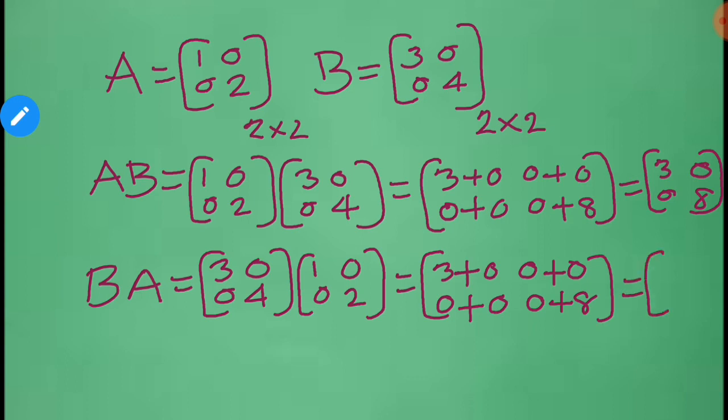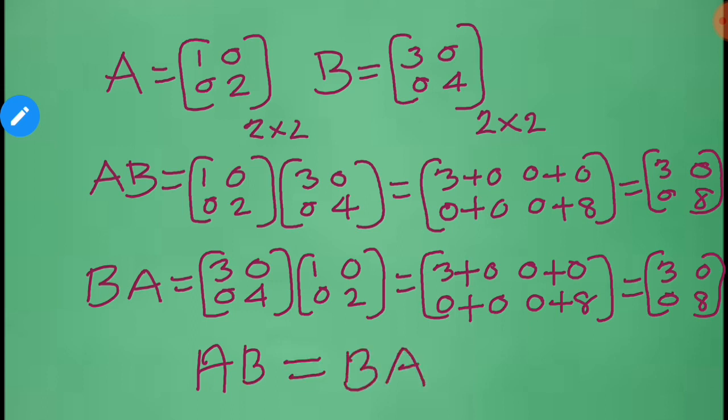That's equal to 3 plus 0 is 3, 0, 0, 8. AB equal to matrix 3 0 0 8. BA equal to matrix 3 0 0 8. Clearly we can say here AB equal to BA.